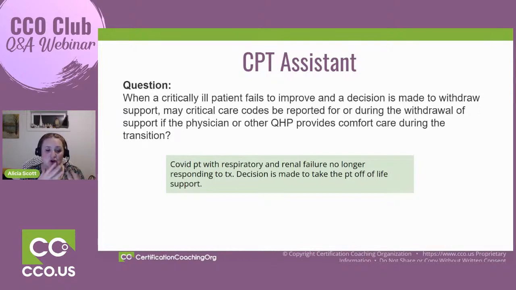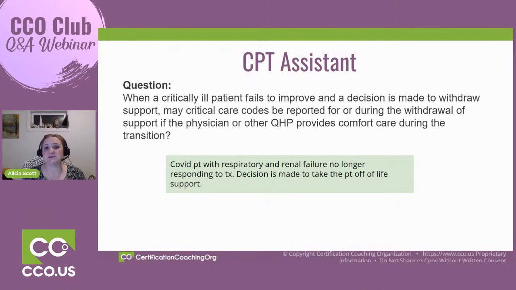So you have a COVID patient with respiratory and renal failure, no longer responding to treatment. A decision is made to take the patient off life support and just offer palliative care, or again, not even taking them off life support. They may not have been on life support at that point, but the family or the patient has said, I'm done. And they want palliative care from that point.